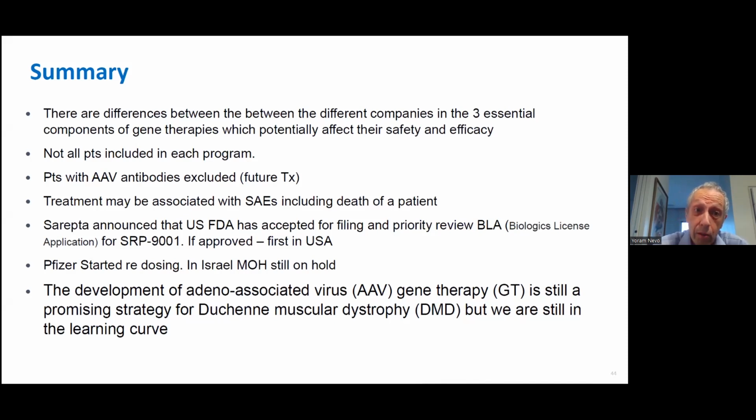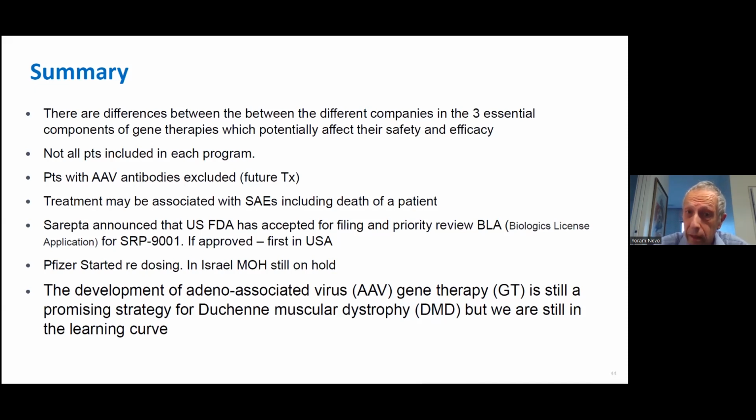Other patients who have antibodies to AAV, and many patients have natural antibodies to AAV, are at this point excluded from these studies, and the companies are working very hard to clean the antibodies, to be able to treat those patients, but at this point it's not possible. And treatment actually is associated or may be associated with severe adverse side effects.